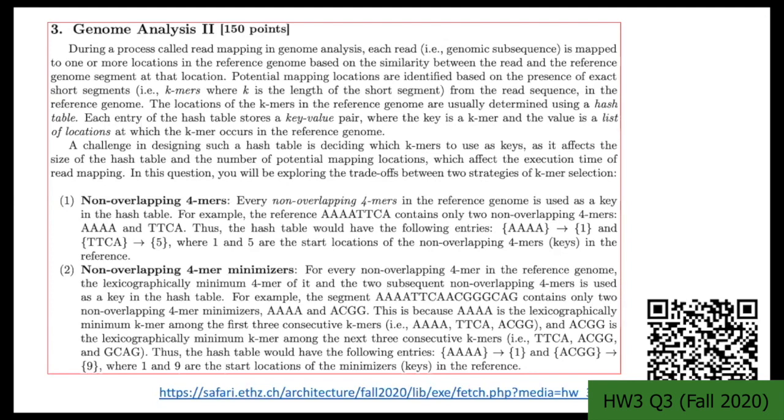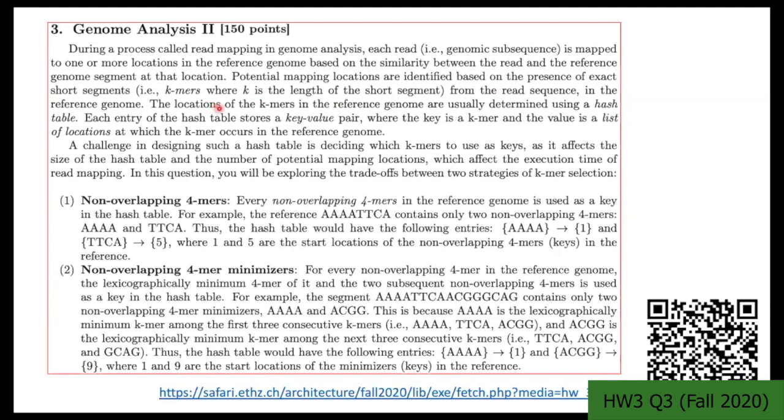There are many potential mapping locations, and these locations are identified based on the presence of exact short segments, which we call k-mers, and k here is a parameter which is the length of such a short segment. So if it is 4, then we replace the k with 4, for example. These short segments we extract from the read sequence, and if they exist in the reference genome, then we have some insight about these potential locations.